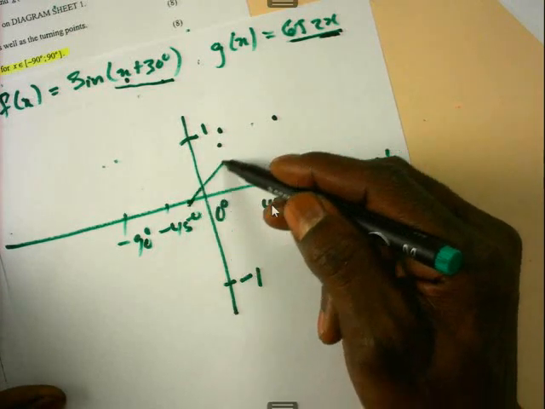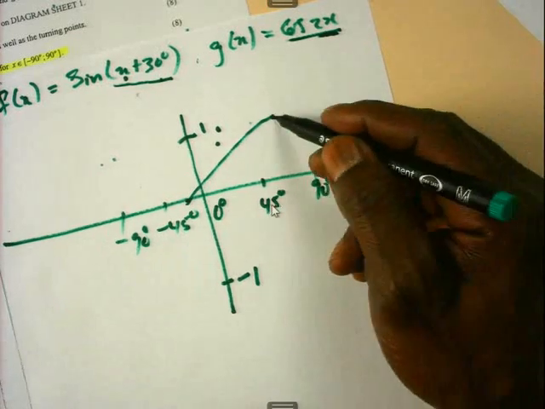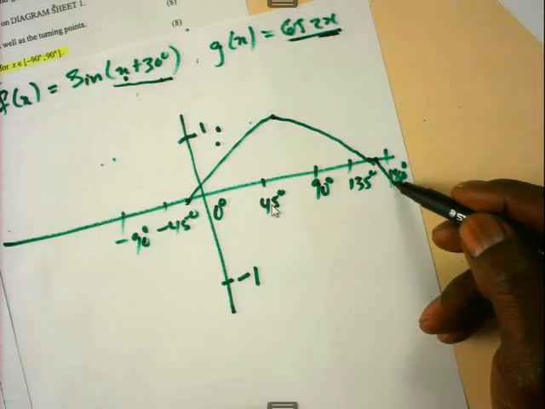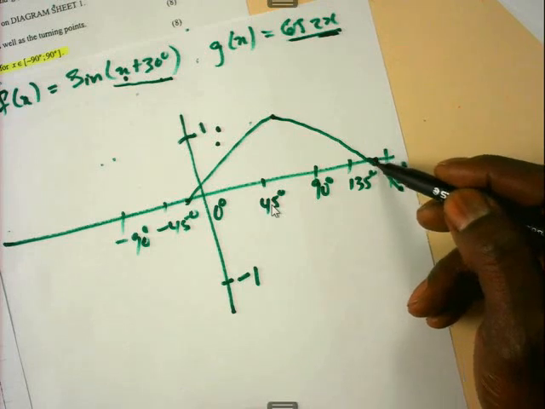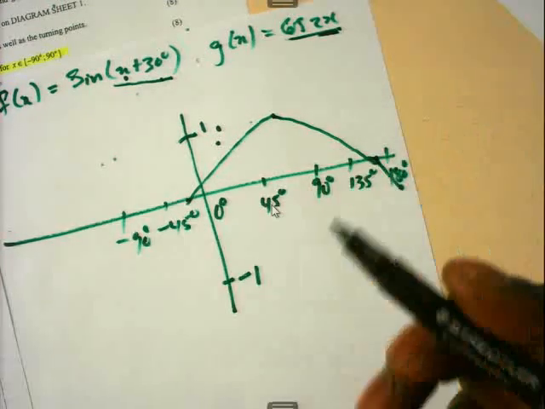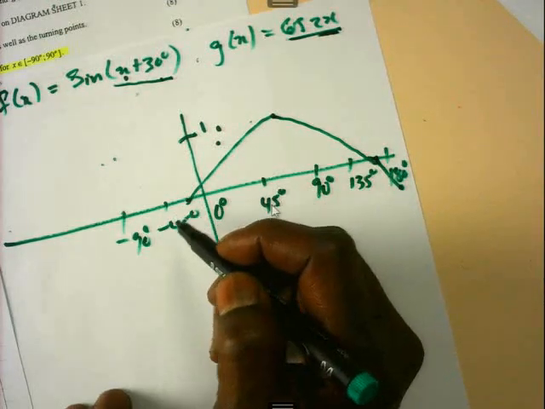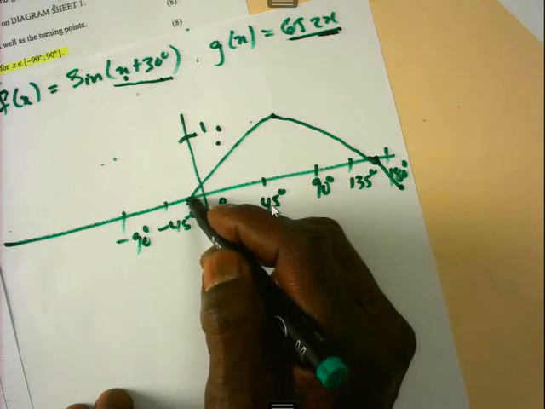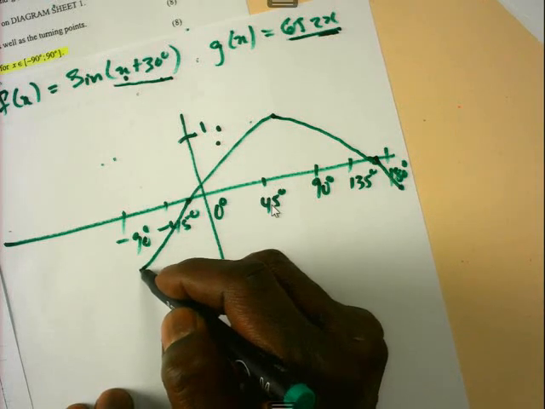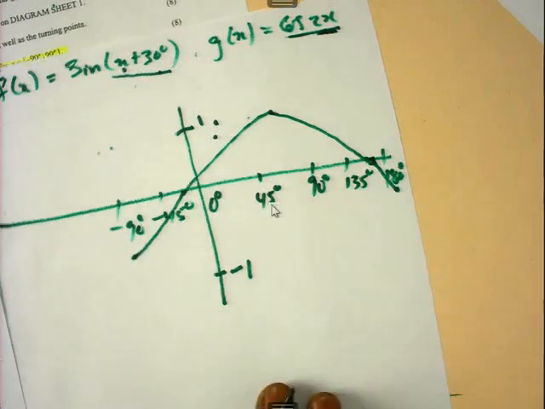Then I'm just going to have a picture of it, and it goes like that. Then this one must go up to negative 90 there.